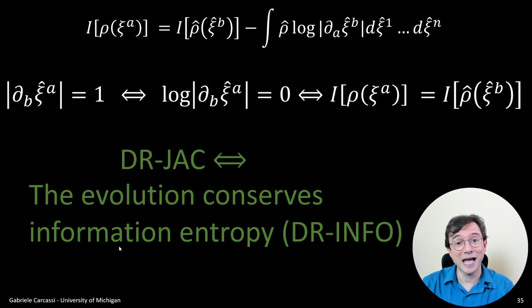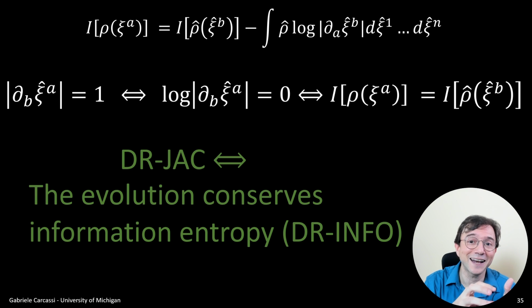So we have yet another characterization in terms of information, which also makes sense, because essentially what we're saying is that deterministic and reversible evolution preserves the information. If I told you exactly what the initial state was, I'm also telling you exactly what the final state is.